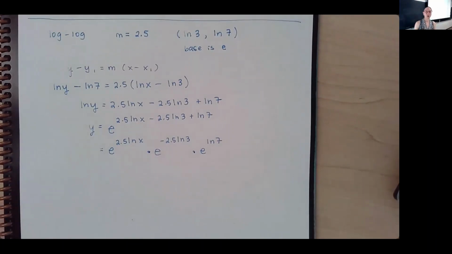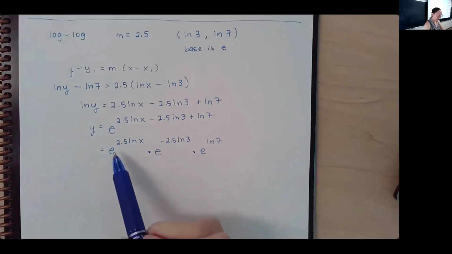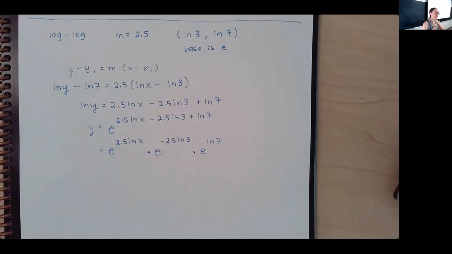Now it's time to pull out our log rules. It's tempting to make that e and that ln cancel out, but they don't. They will in a second, but they don't right now.